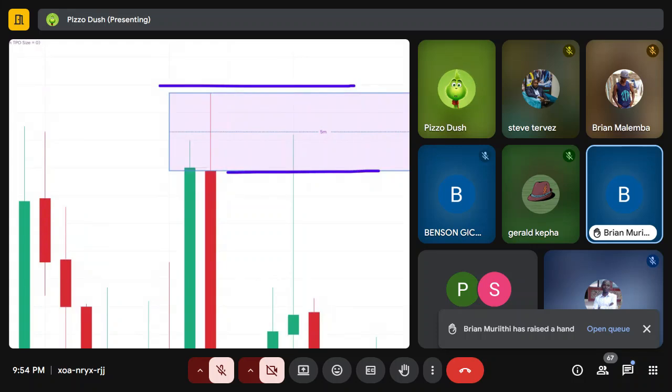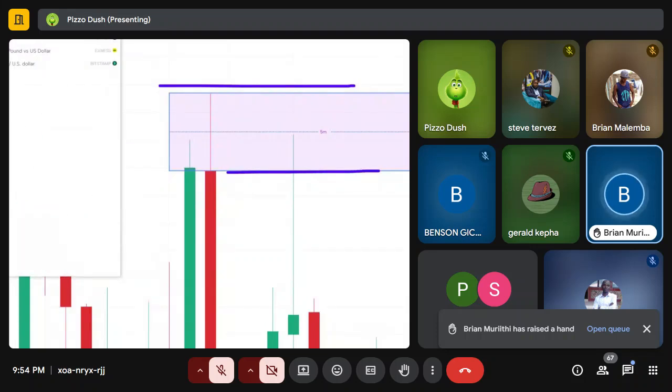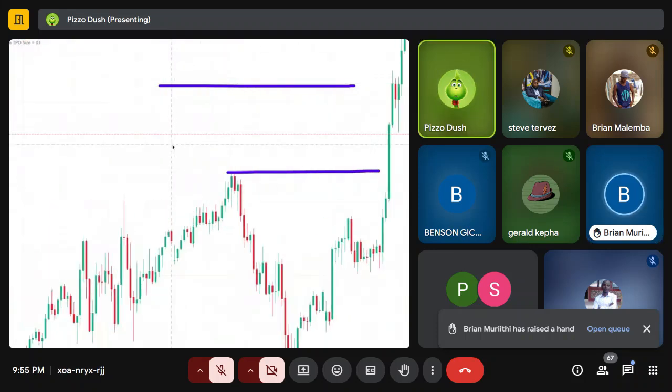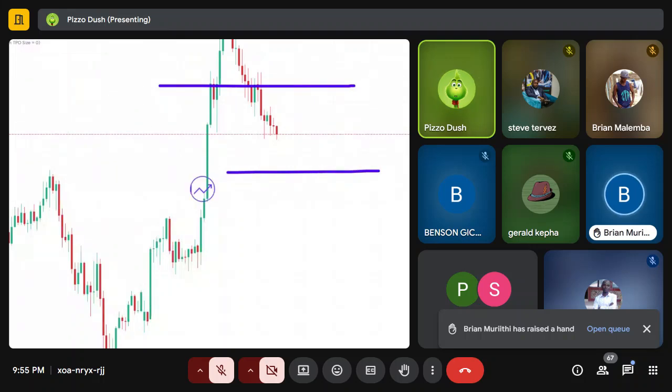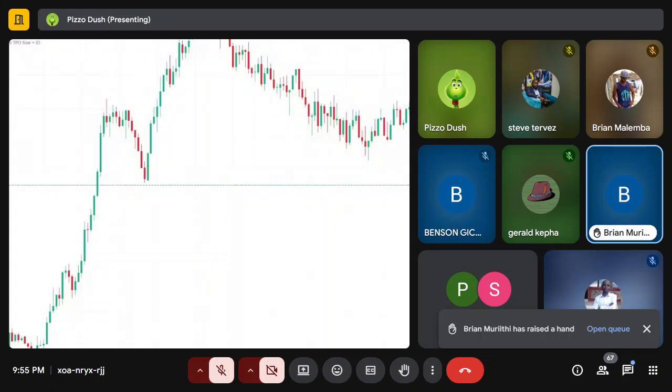Order block hapo ya 5 minutes, naona ilikuwa bullish candle lakini instead of negative delta iko na positive delta. Market ikifunguka kwa juu, huko mwanzo ilikuwa na gap.